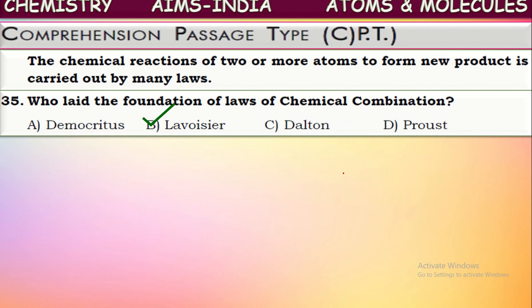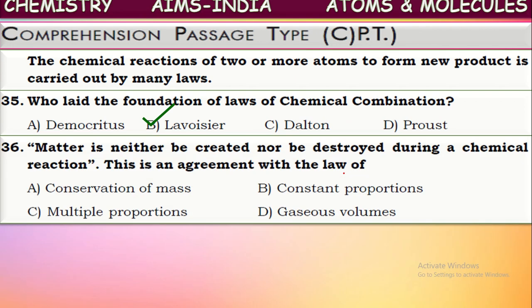Okay, Antoine Lavoisier. Next, matter is neither created nor destroyed during a chemical reaction. This is in agreement with the law of, which law states that matter is neither created nor destroyed during a chemical reaction? It is in accordance with the law of conservation of mass. Law of conservation of mass states that matter is neither created nor destroyed.